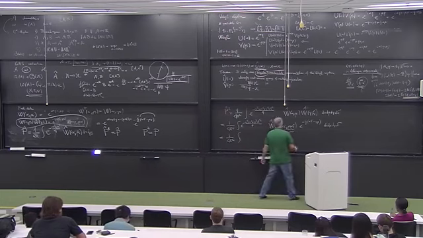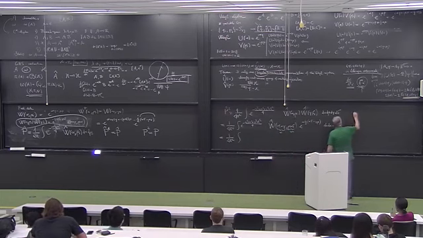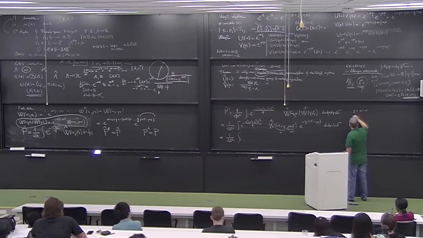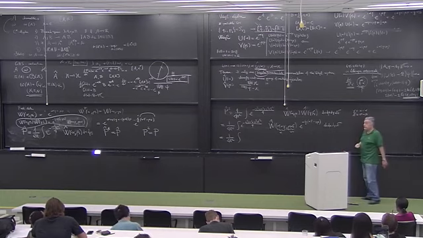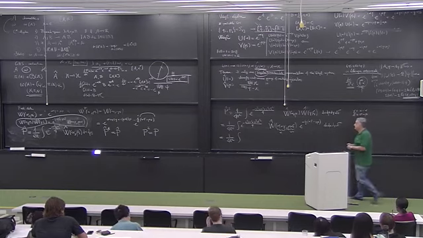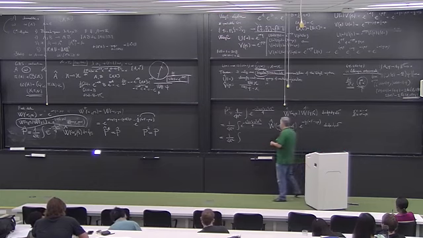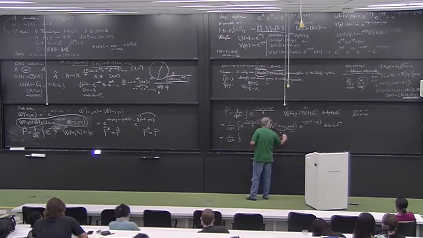So I call gamma equal to u minus alpha, delta equal to v minus beta, in such a way that this is going to be W of u and v.